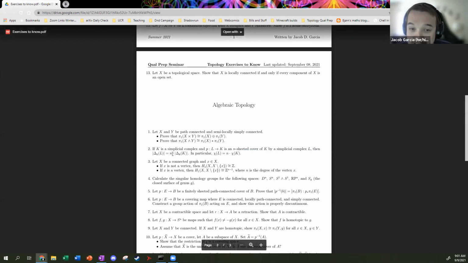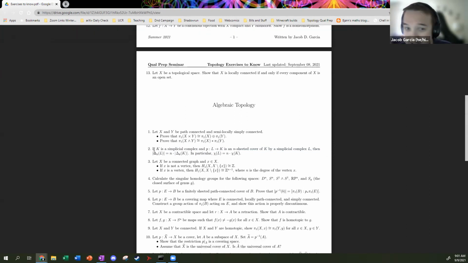So the way to read this sentence is that the number of K simplices of L is equal to n times the number of K simplices in K. Okay, so like you have a complex with all the simplices glued together. And so if you look at just the K dimensional ones, those have to match up. Yeah. Okay. Yeah, so for a 3 simplex, the 2 simplices are just all of the faces.